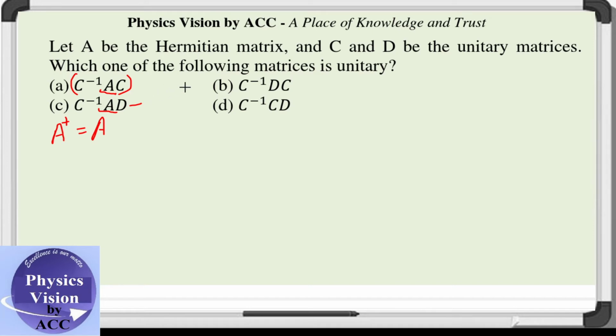But since the unitary matrix is asked in the question, we will go for that combination of matrices which contains only the unitary matrices, that is option B or D. Okay, so we will check only these two, not the other two.